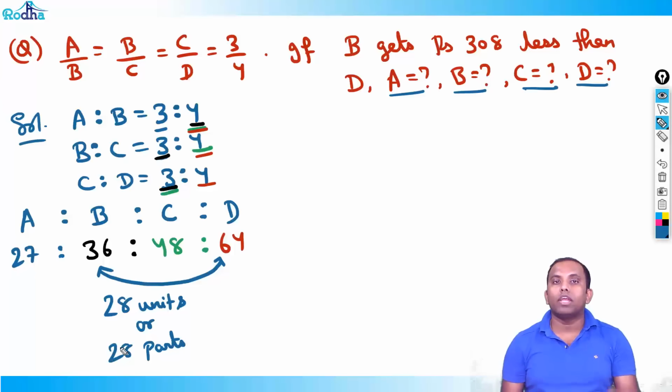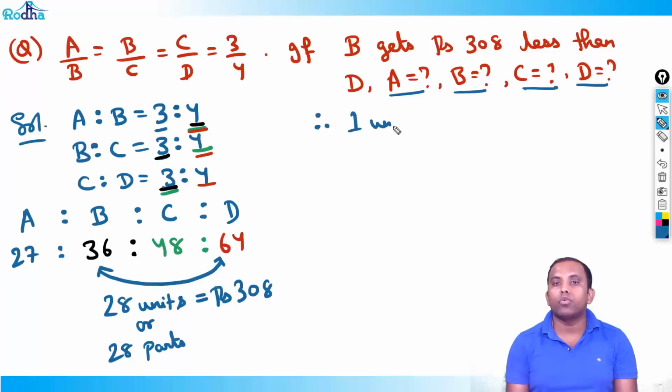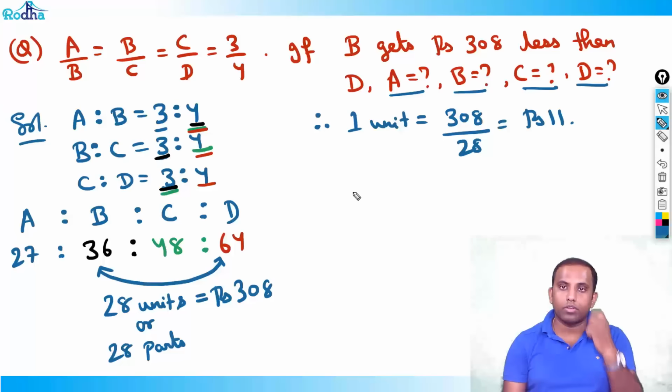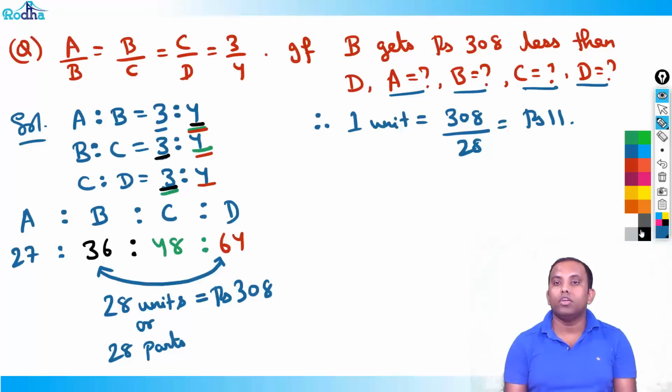And those 28 units are equal to rupees 308. So 1 unit of ratio is 308 by 28, that is rupees 11.